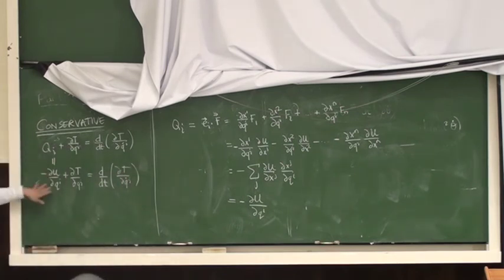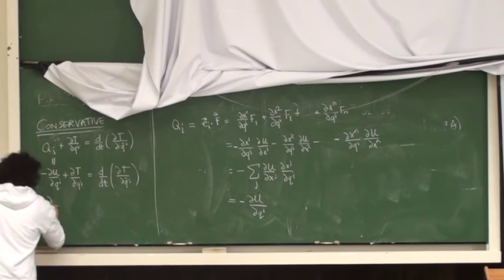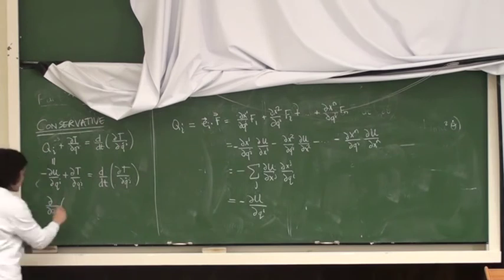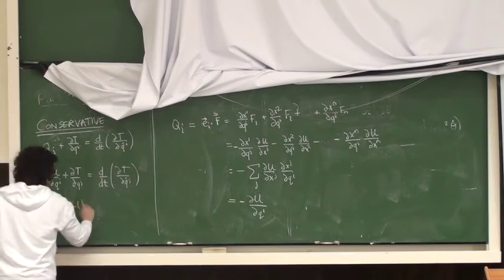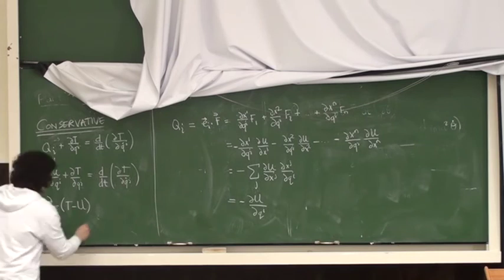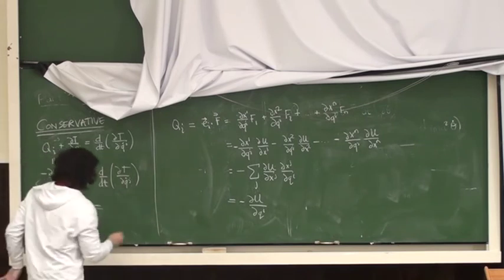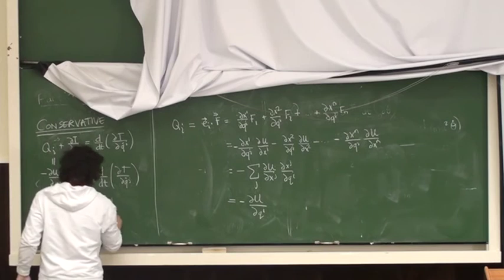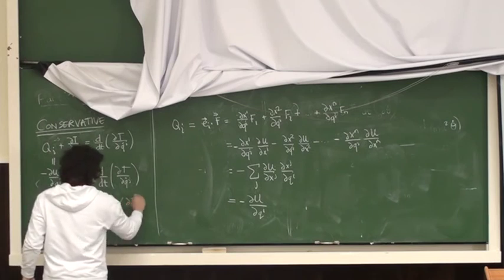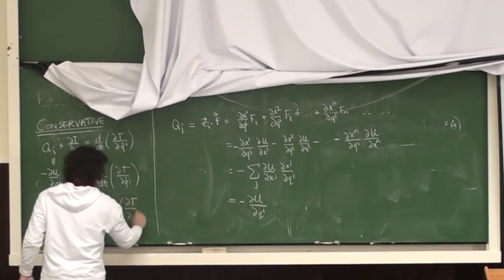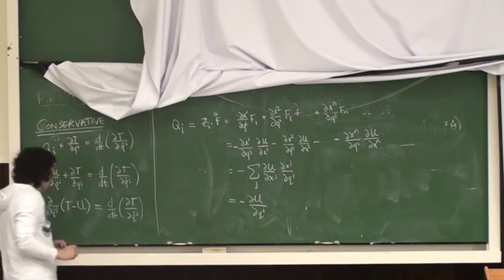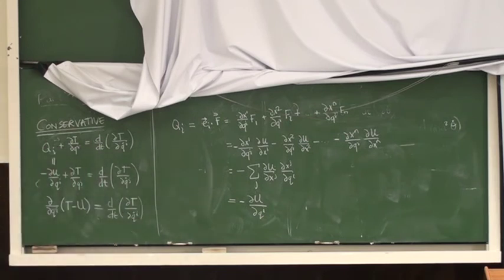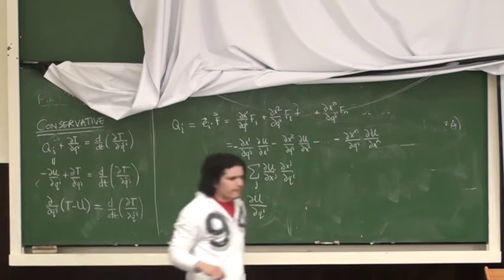I can group everything here. This is all differentiated with respect to the same variable, so I can take out a ∂/∂q_i and see what's inside: T minus U. That's all very nice, but I want to make one more step.